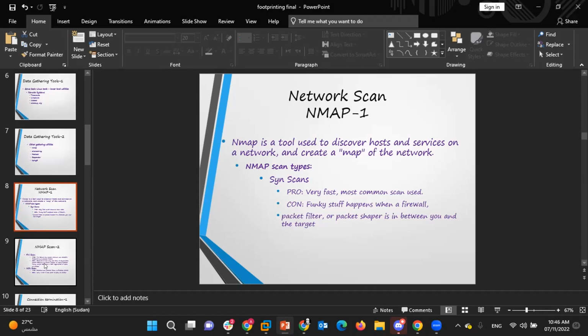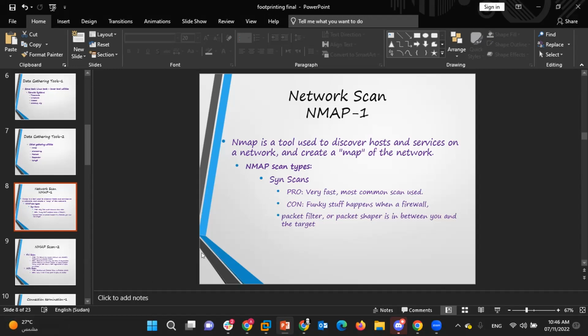Okay, Nmap is a tool used to discover hosts, like we showed minutes ago, show hosts and services on the network, and create a map of the network, or know about the network topology. We have many types of Nmap scan.